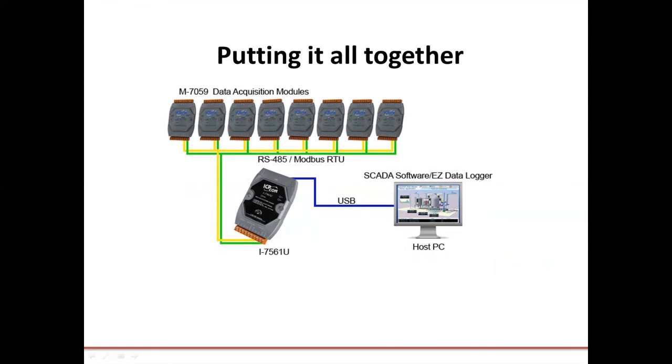So the M7059 can be distributed throughout your plant or building and provide data acquisition points where sensors can be wired at different points, while only connecting to each other using a single set of twisted pair copper wires, thus saving wiring cost and number of connections.